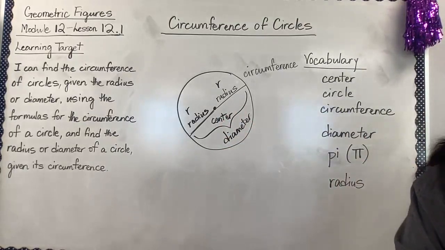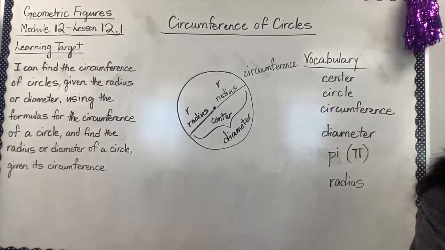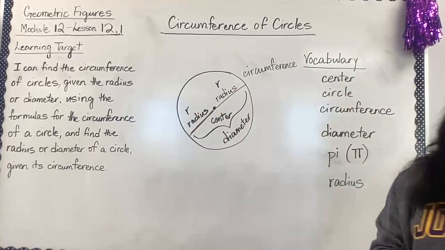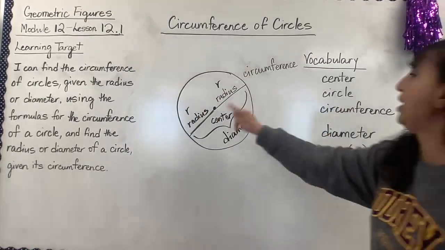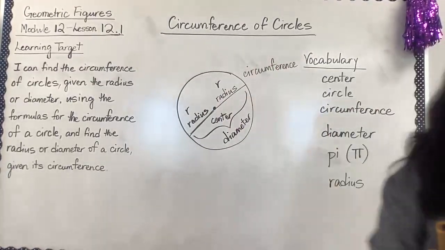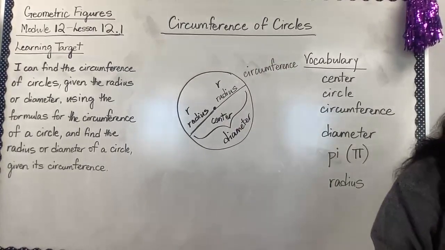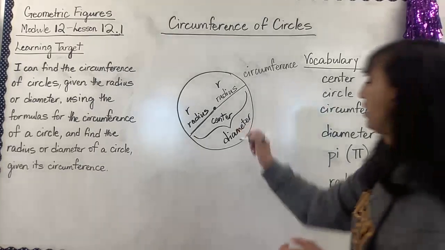So let's talk about it again: the diameter is the distance across a circle through its center, and the radius is the distance from the center to any point on the circle. If I had to come up with an equation to find the diameter of a circle given the radius, what did I just say?